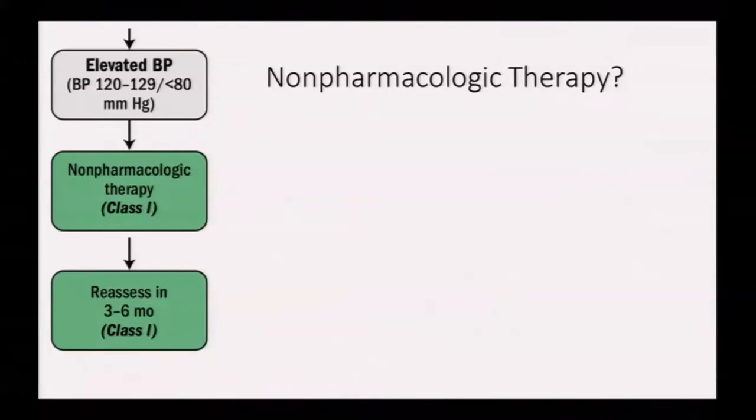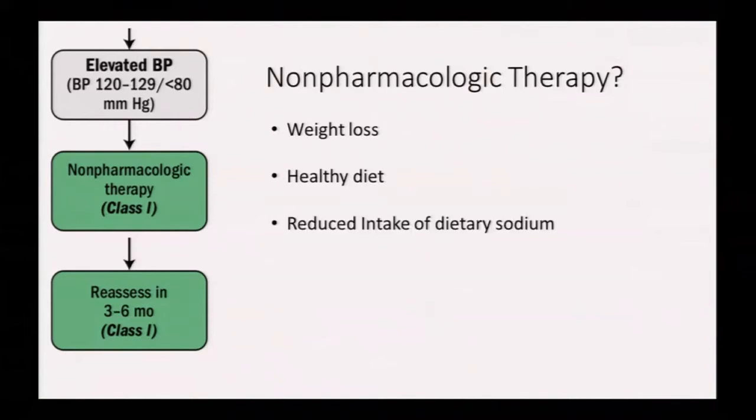All right, so for the non-pharmacological therapy, like I said, there's a lot of things that we could do. And like I mentioned, it's not only for those people with elevated blood pressure or stage 1 hypertension, lower risk, but it's also important for everybody with hypertension and probably even healthy people. Weight loss is one thing that we could help our patients with. Healthy diet.